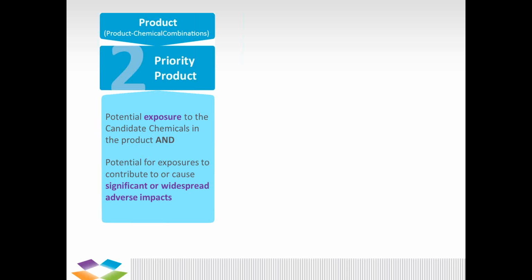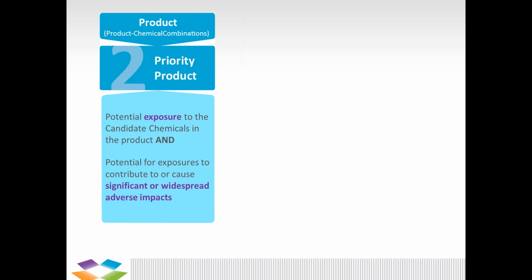So that's pretty broad criteria, and note that the word potential is in there, which is helpful because it is sometimes difficult to connect directly a potential adverse impact to a specific chemical exposure.